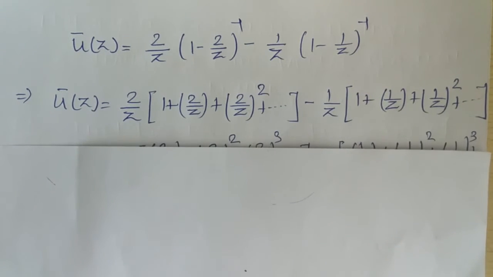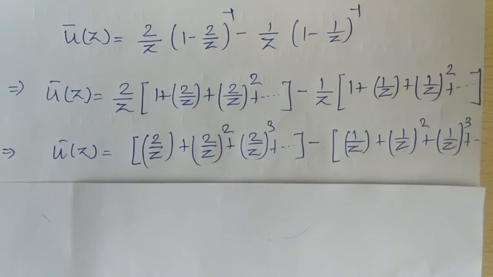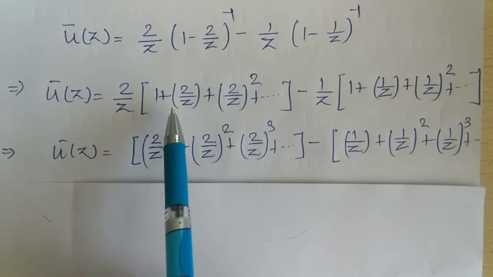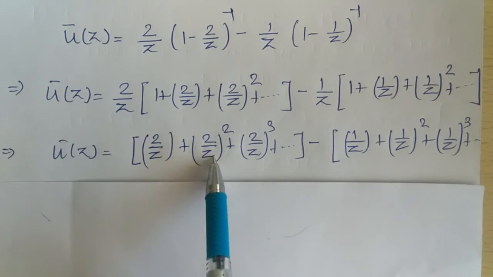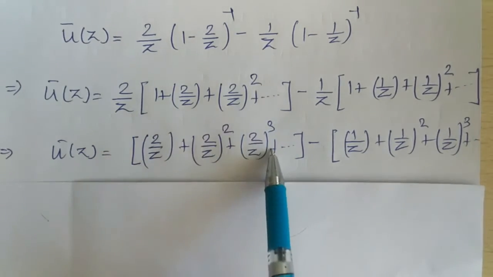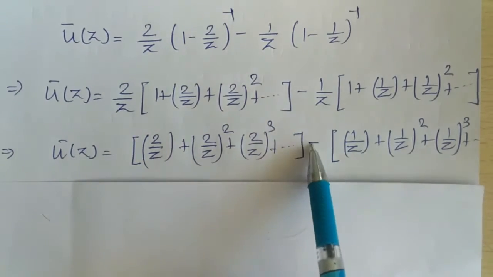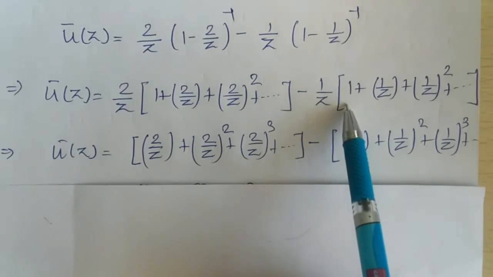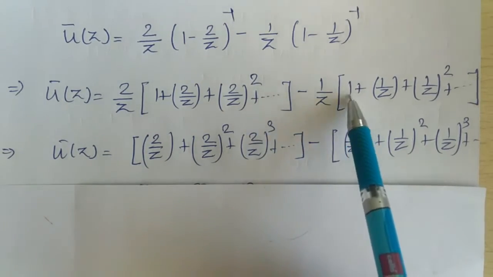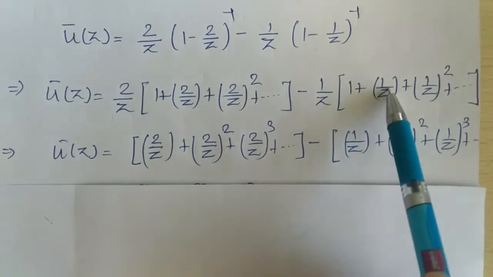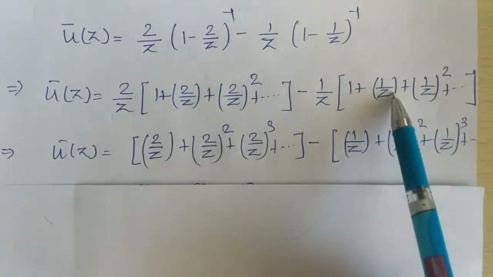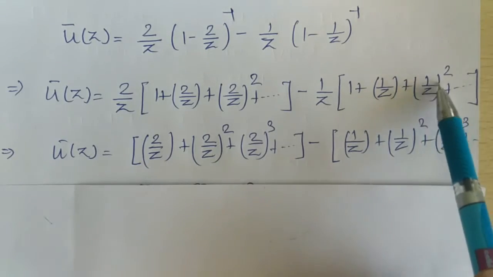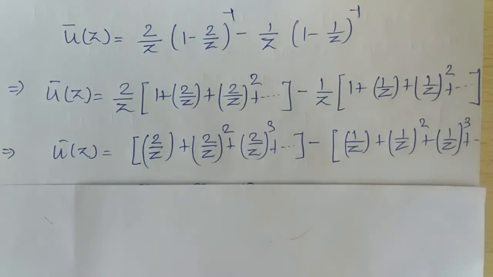We get u bar z is equal to 2 by z plus 2 by z square plus 2 by z whole cube, and so on, minus, here we have 1 by z into 1 by z plus 1 by z into (1 by z) whole square, which is 1 by z whole cube, and so on.